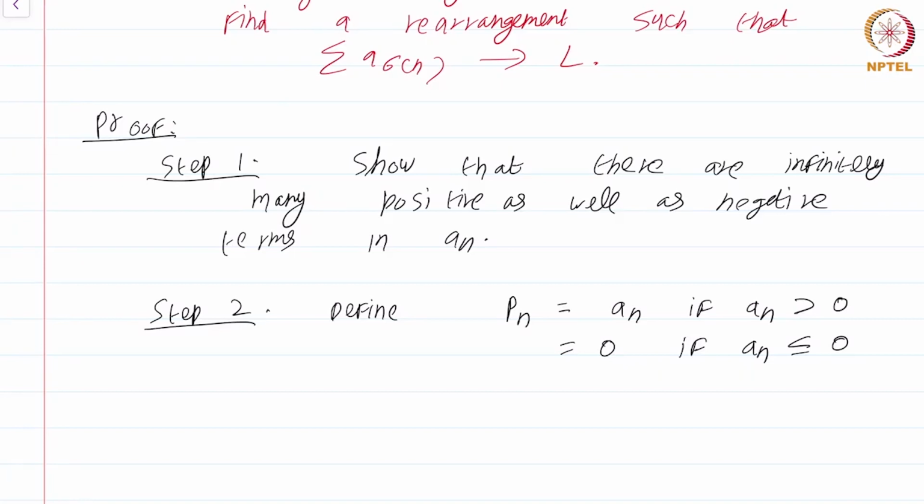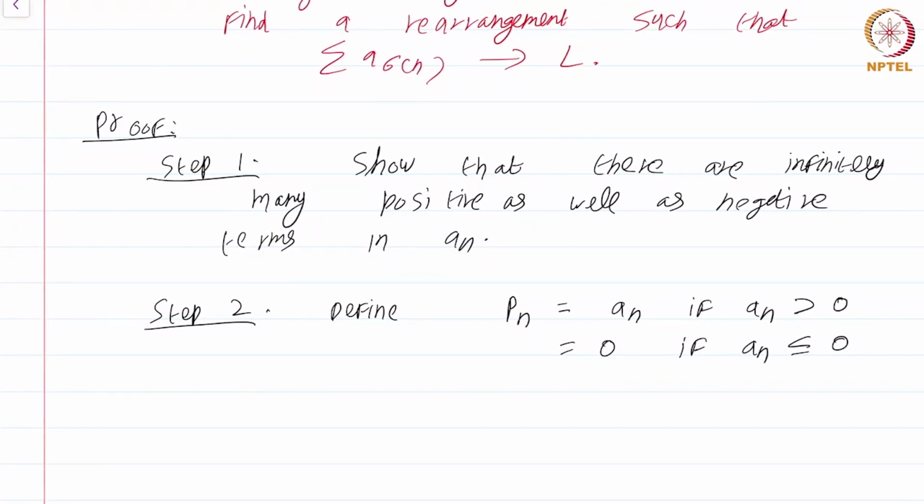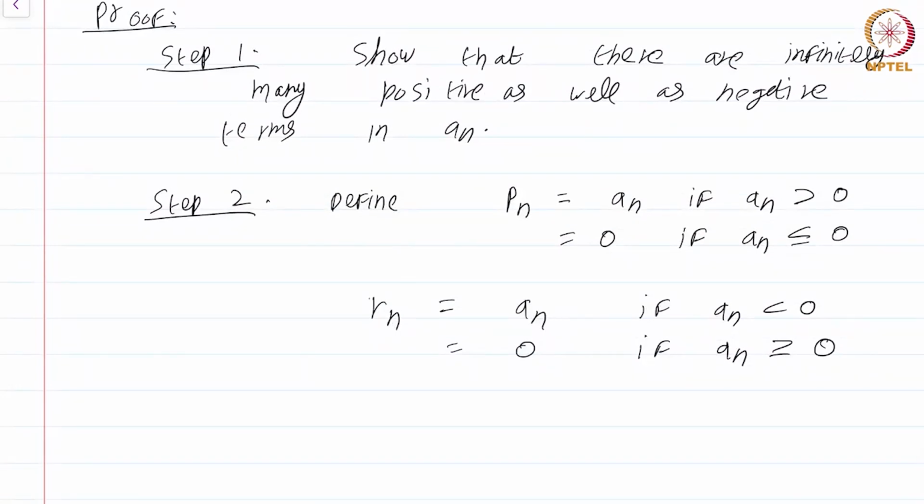Okay, so next I define a negative. I don't want to use Nn, so maybe I will just use Rn. Rn will be an if an is less than 0, and this will be 0 if an is greater than or equal to 0.